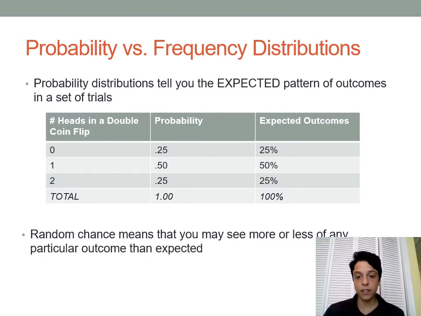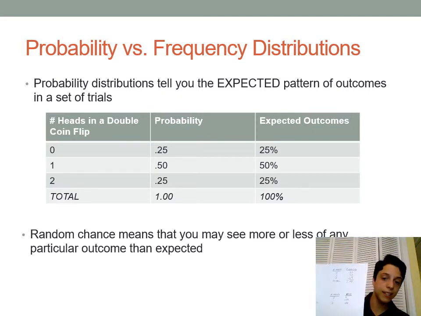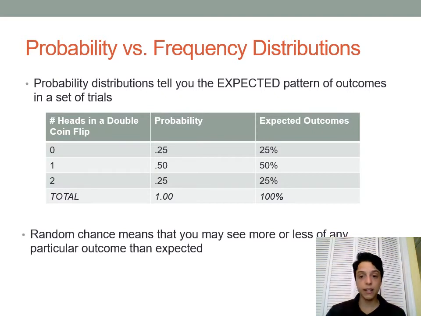You might just have a couple extra heads, like I did in this example, or you might get extra tails, and it could look different than what you'd expect. That's because, again, we're working with probability, so we're not looking at anything that's certain, we're just getting a sense for what the most likely pattern of outcomes will be. But in what you actually get, it's often going to be give or take a few.